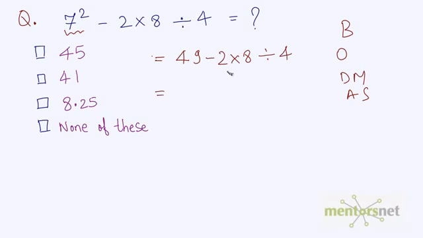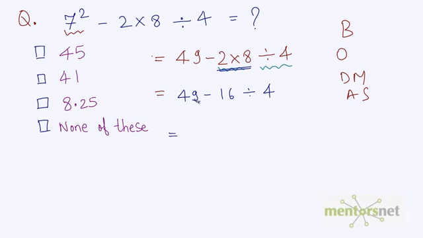Now in the above expression there are two operations with the same priority. Of course there is a minus, but you will have to give more priority to division and multiplication. But as there are two operations with the same priority, you'll solve the left one first. So we'll solve this one first. So this is equal to 49 minus 8 times 2 is 16, divided by 4.